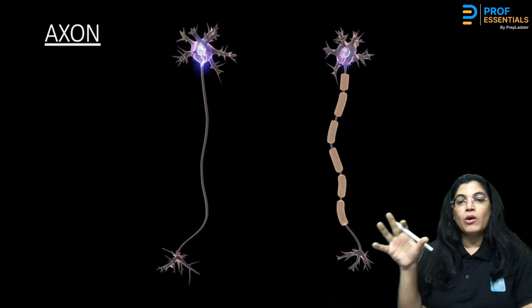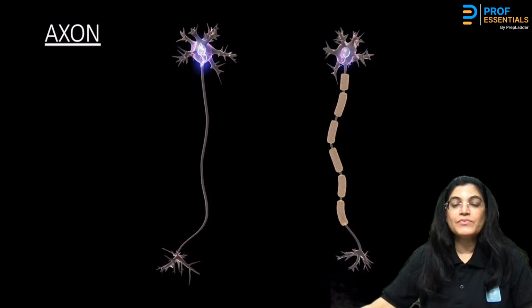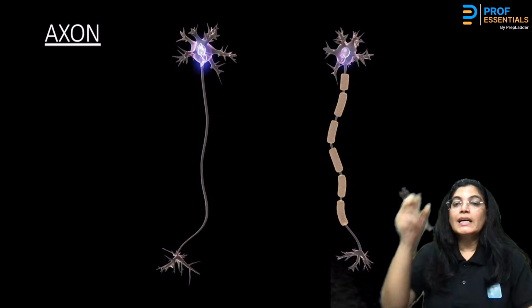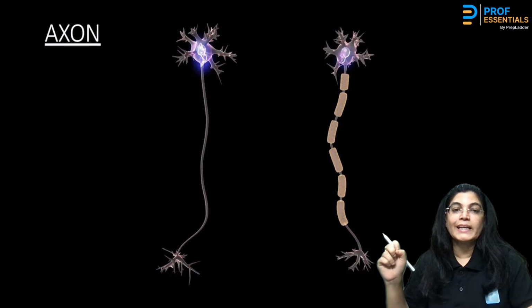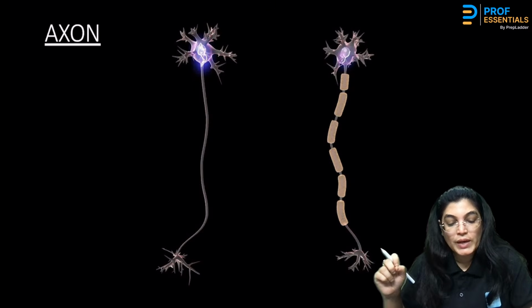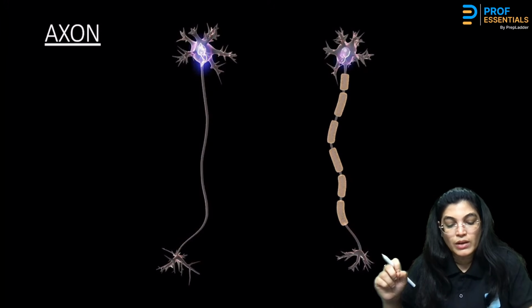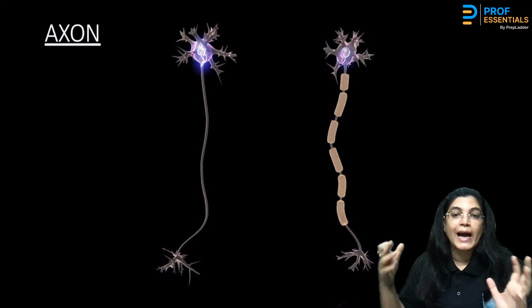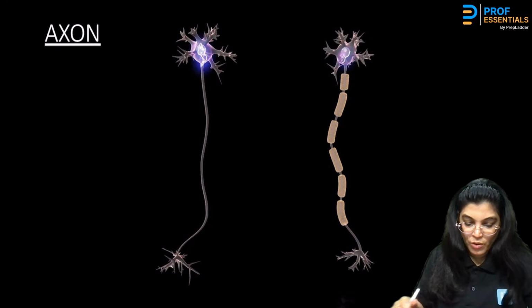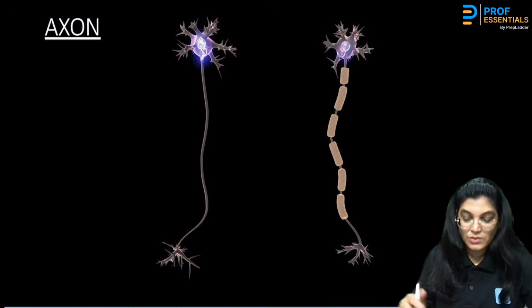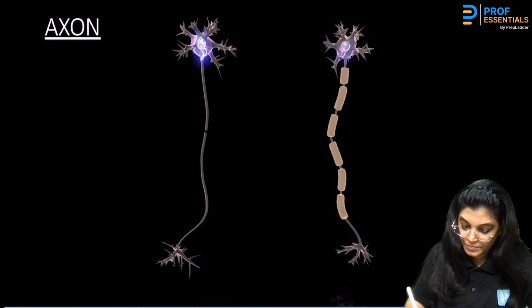If I am talking about neurons, which contain a cell body and dendrites, there is a long process. Can you see the long process which is projecting? That is called an axon. Each neuron has a single axon, a long process which is variable in length. The length of the axon is variable. That is an important point. As you can see, this is the axon.